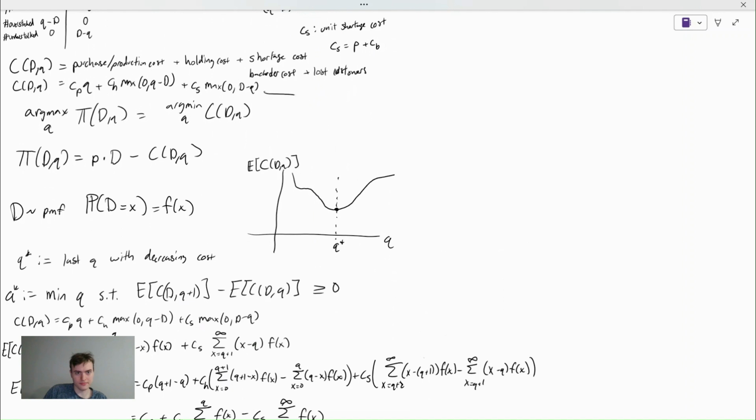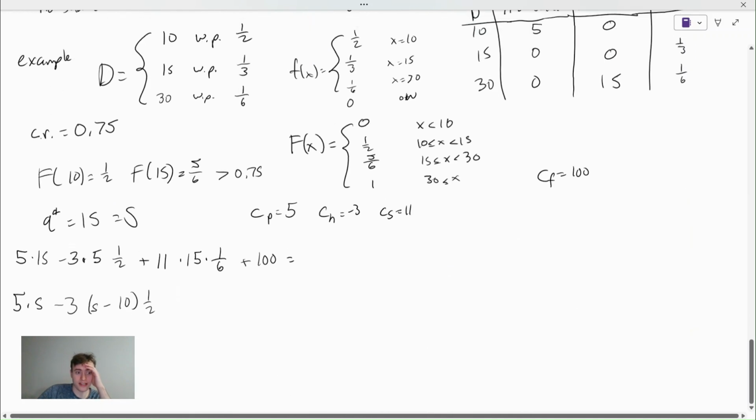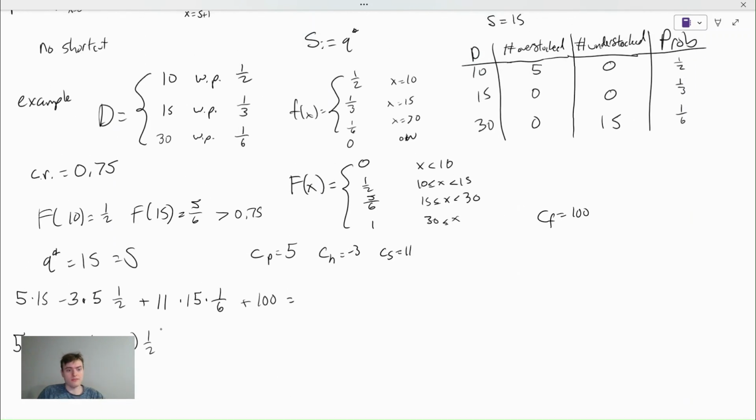This form, right? So we would have CH times the expected value of max 0, Q minus D. And now we have big S instead of Q. So the expected value of max 0, Q minus D. Perhaps that is easier to see how that comes out to S minus 10 times 1/2.